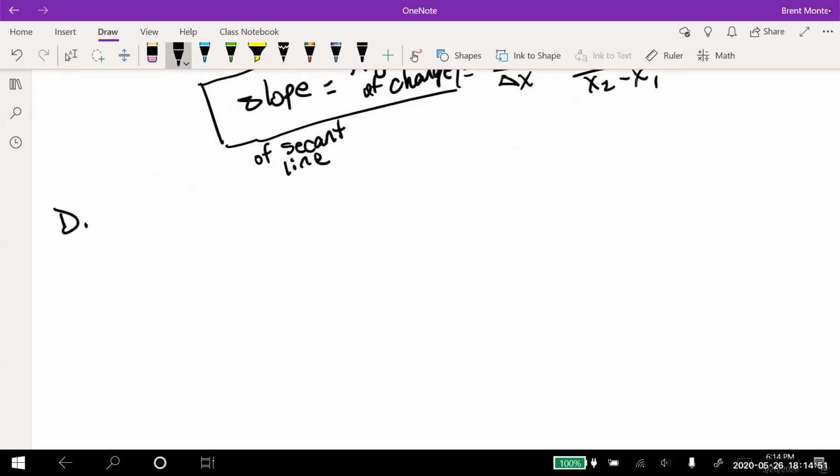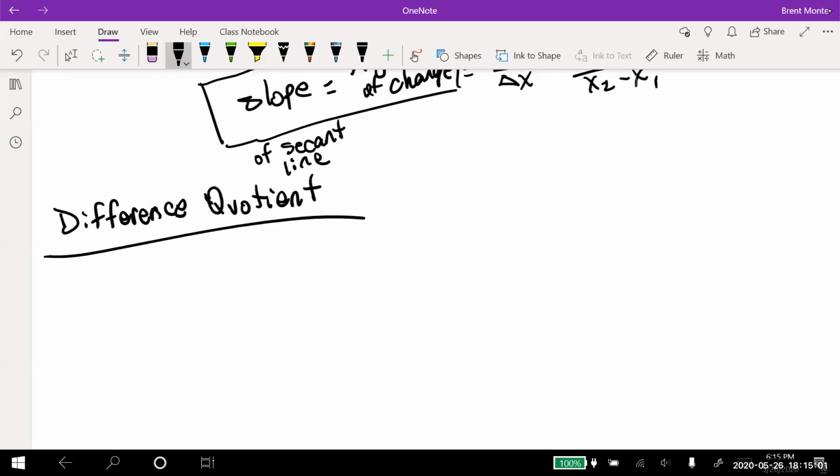If you remember the difference quotient that we saw in algebra, what it looked like is f of x plus h minus f of x all over h, whatever in the heck that all means. Well, what that really means is the slope of that secant line. Now here's why. Here's what's happening here.